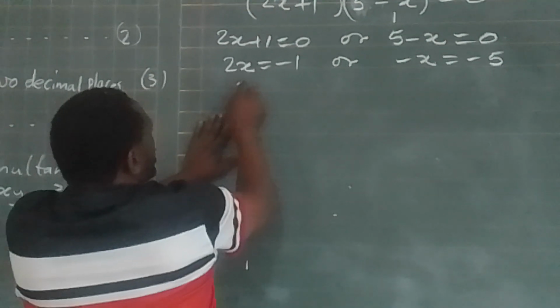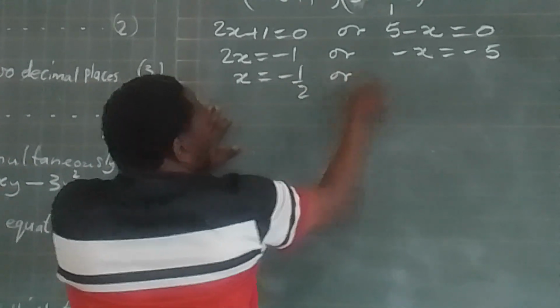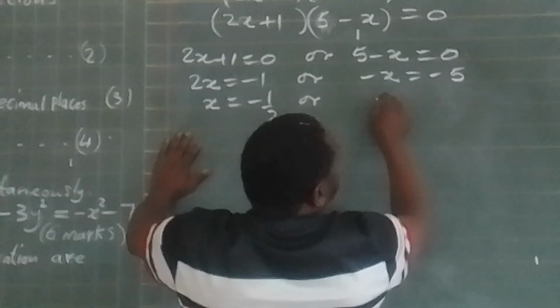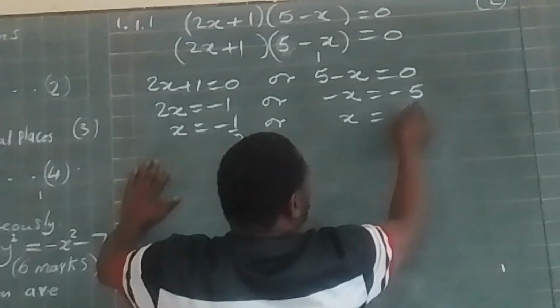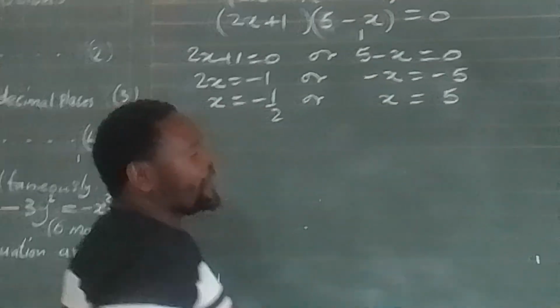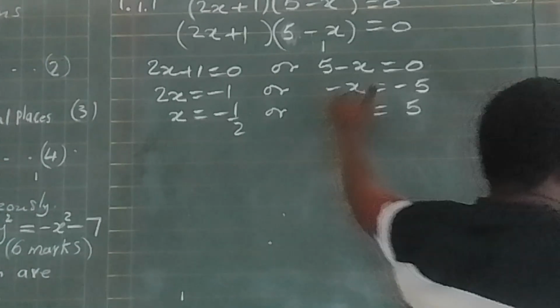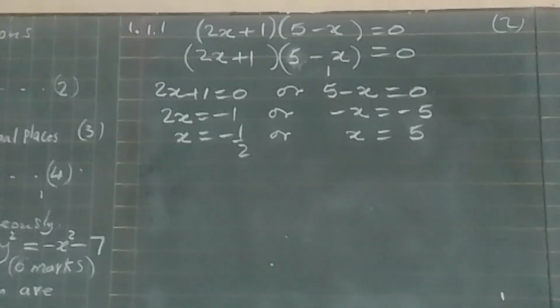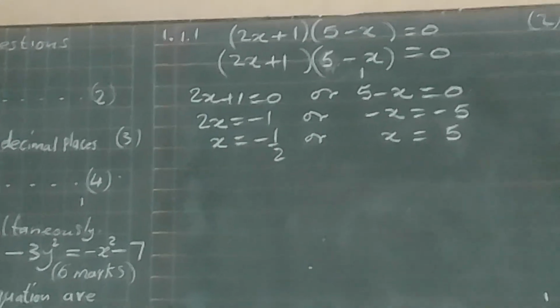Then x is equals to minus 1 over 2, or x is equals to 5. To multiply throughout by a negative, or divide by a negative. That was straightforward.